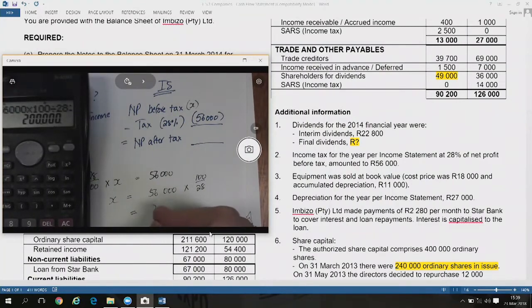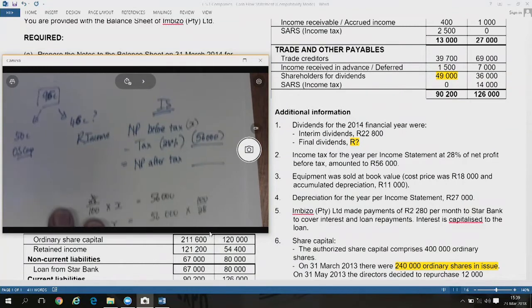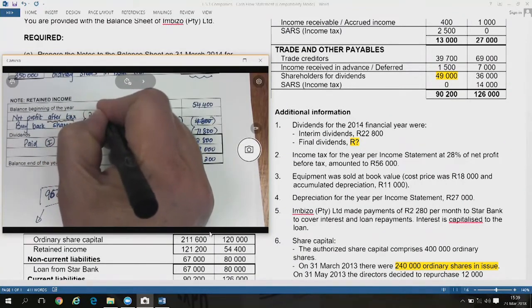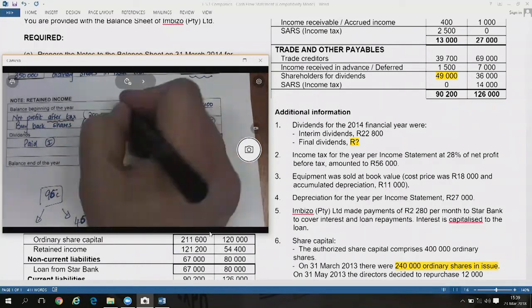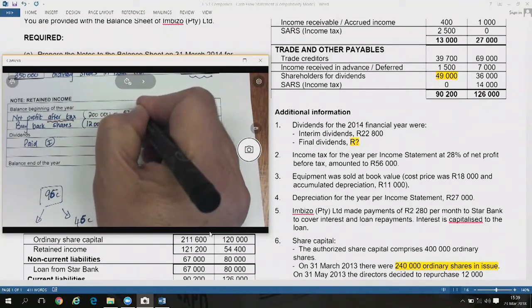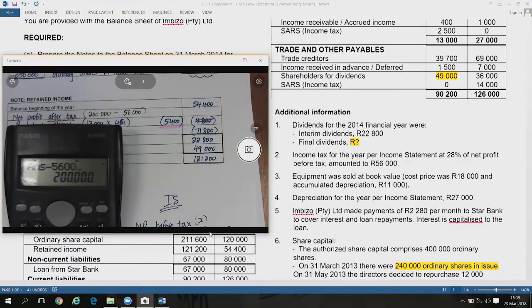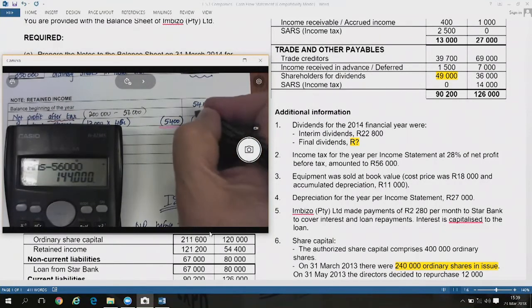That gives you 200,000. But that's not what we are looking for in retained income. We are looking for after tax. So we say 200,000 minus the 56,000, and that gives us 144,000 rand.